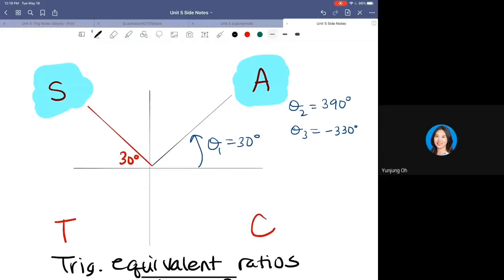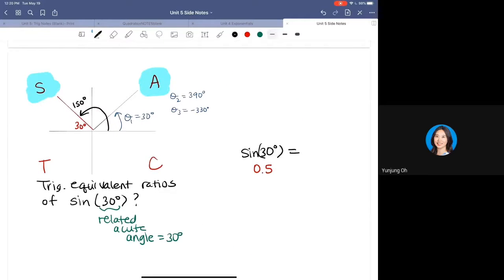For me to have 30 degrees there, this is going to be 180 minus 30, so that is 150 degrees. I'm going to predict that my first equivalent ratio is sine 150 degrees. Let me check. Yay, and I get 0.5.